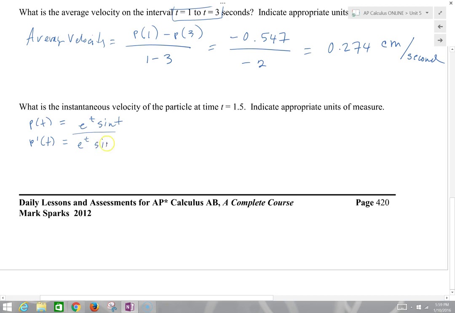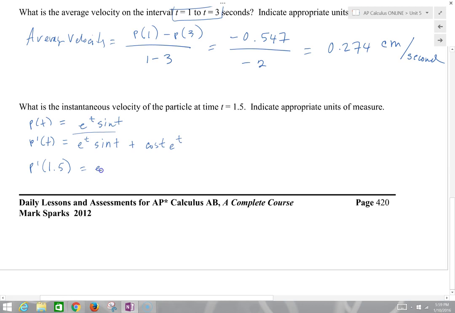Or chain rule rather. And now we're going to evaluate p prime at 1.5.